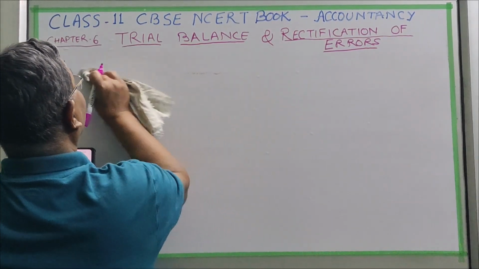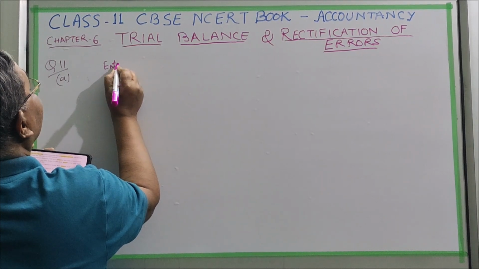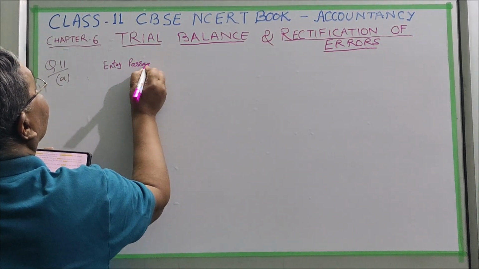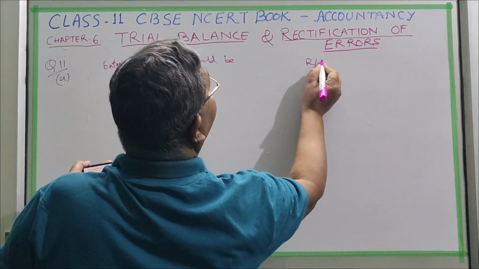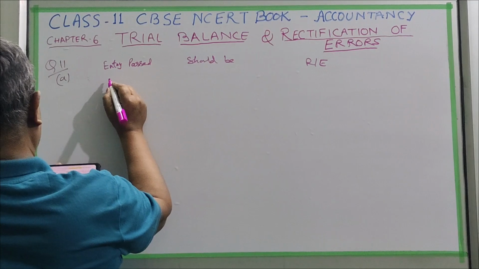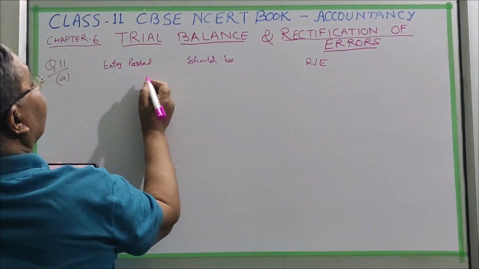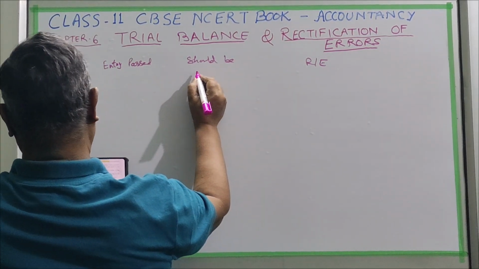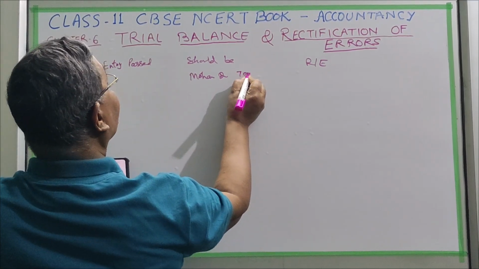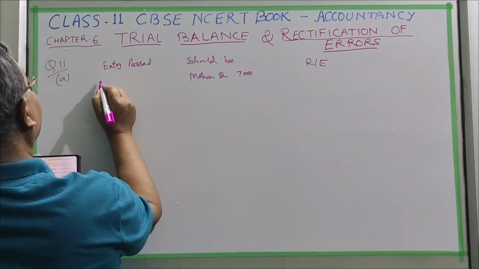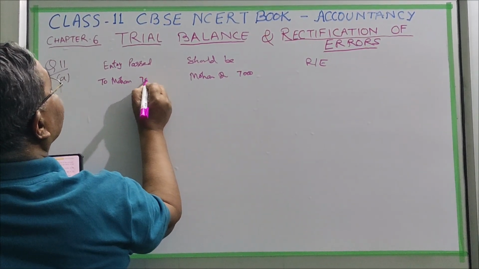First you write the columns, otherwise it will again confuse: entry passed, should be, and rectification entries. Okay. Entry passed: credit sales to Mohan were posted to credit. So Mohan debit 7,000 and you have made credit to Mohan 7,000.